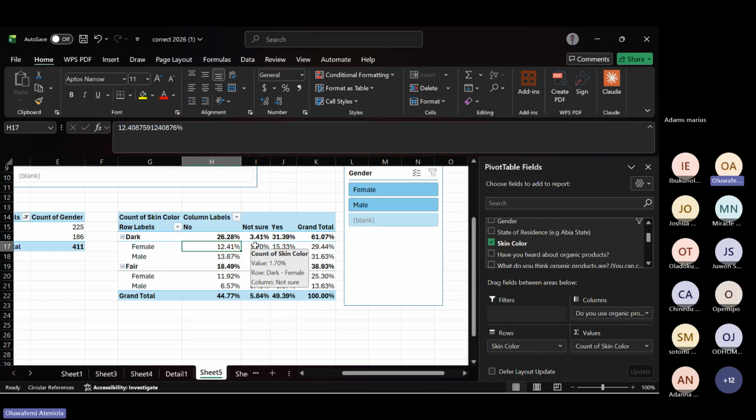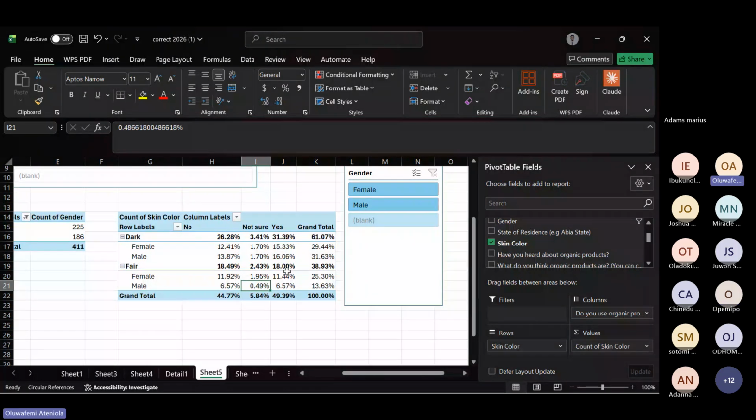Are we getting this? Or are the numbers getting too good? This is the percentage of female dark skin who do not use organic products. This is the percentage of female dark skin who use organic products. Now, by the time we come here, we can see that we have almost 0% of males who are saying they are not sure if they use organic products or not.